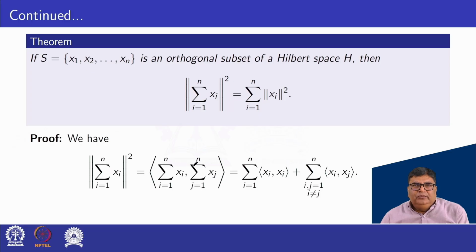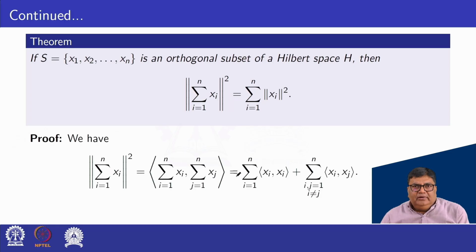Okay. So we can write here i is equal to 1 to n xi, or we can write j is equal to 1 to n xj. There is no change. So this can be written as summation j is equal to 1 to n xj.